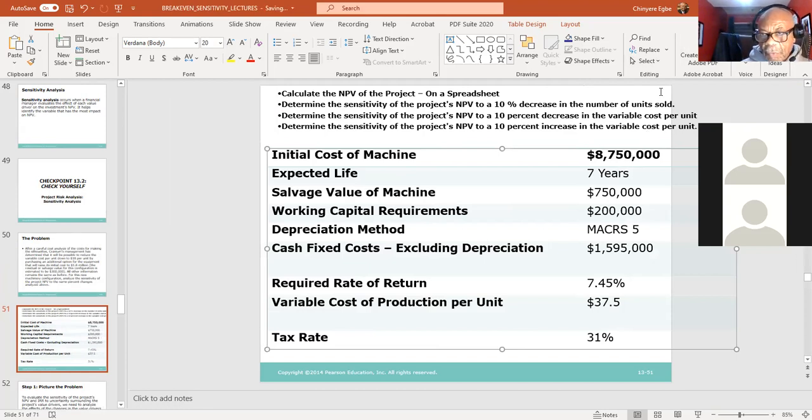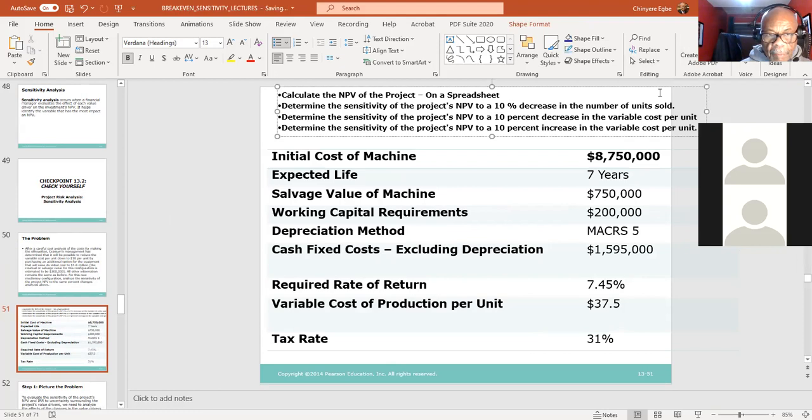So I'm going to pull up the solution to this problem and show you essentially how to go about it, because you already know how to calculate NPV. And so I'm going to pull up the solution on MS Excel. I don't know if I'm going to be able to put it here in PowerPoint slides.